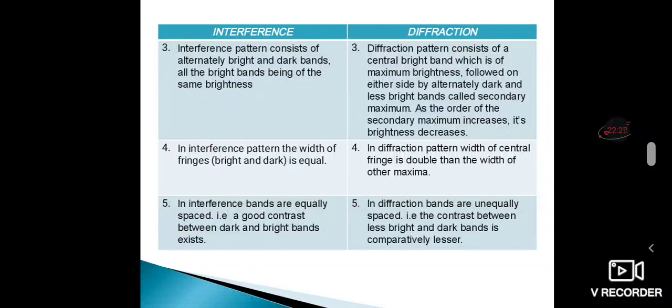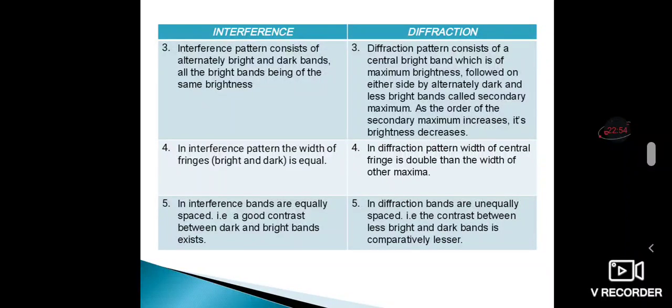But in diffraction, bands are unequally spaced, and the contrast between the less bright and dark bands is comparatively lesser. Here the contrast is not good. The bright band gets mixed up with the dark and the dark with the bright, so we do not get a clear picture of where each ends.